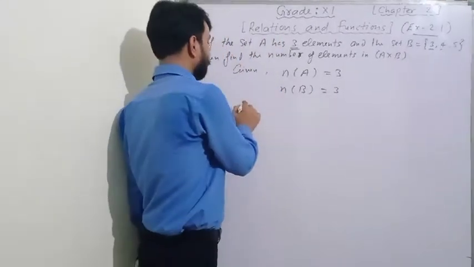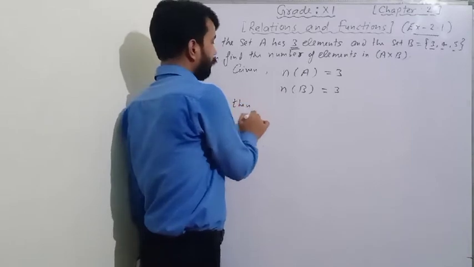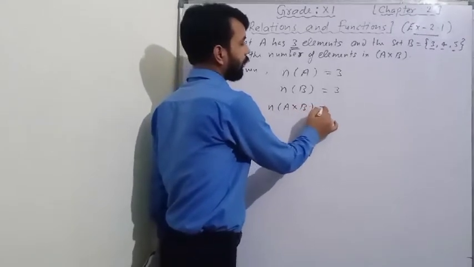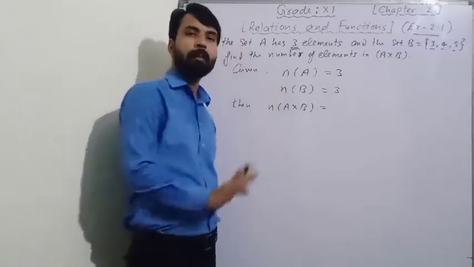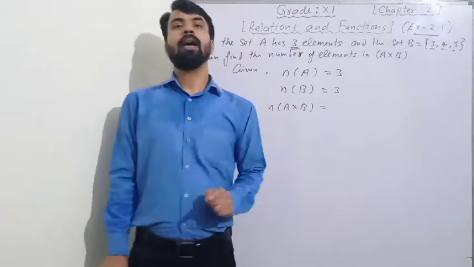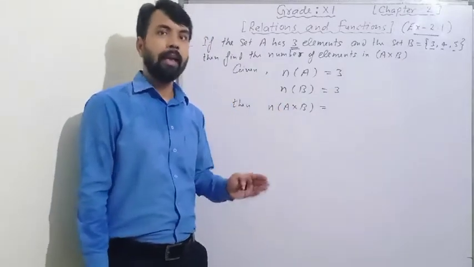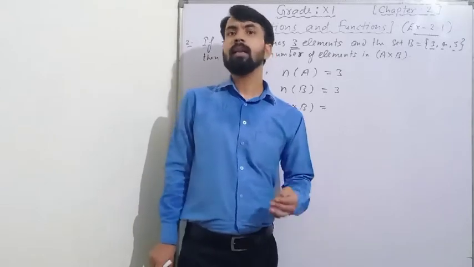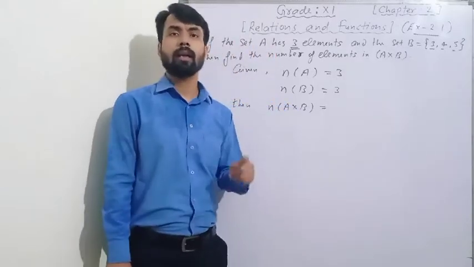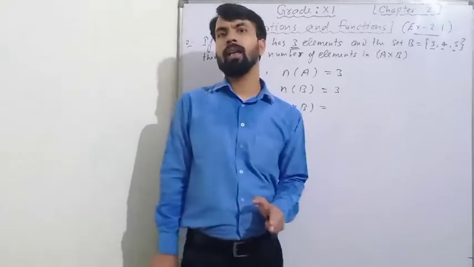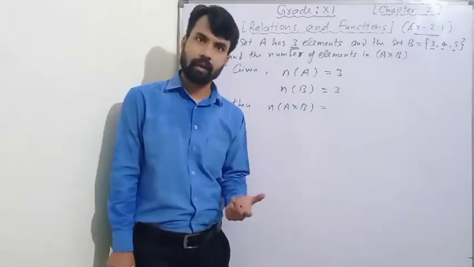The question is saying, then we have to find the number of elements in A cross B. In the Cartesian product of A and B, how many elements will be present? So I explained to you, if the number of elements in set A is p and the number of elements in set B is q, then the number of elements in the Cartesian product of both the sets will be the multiplication of the number of elements of both the sets. Understood?